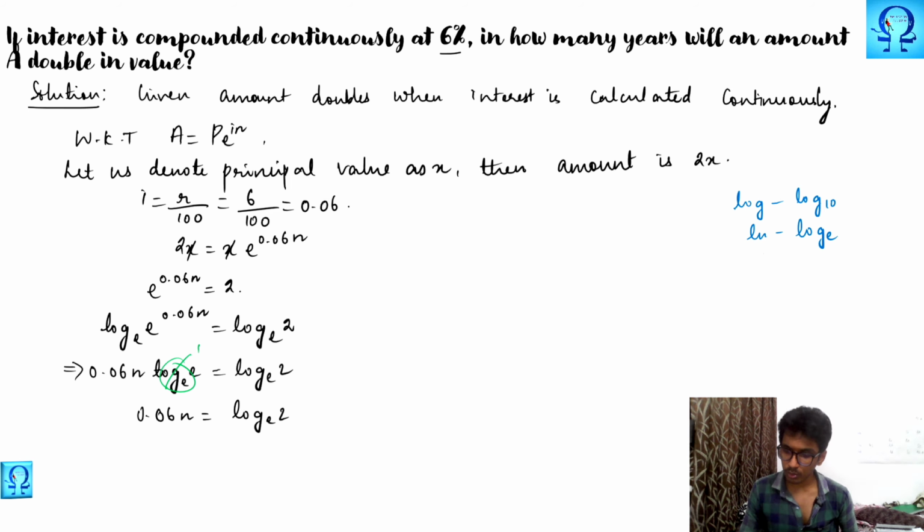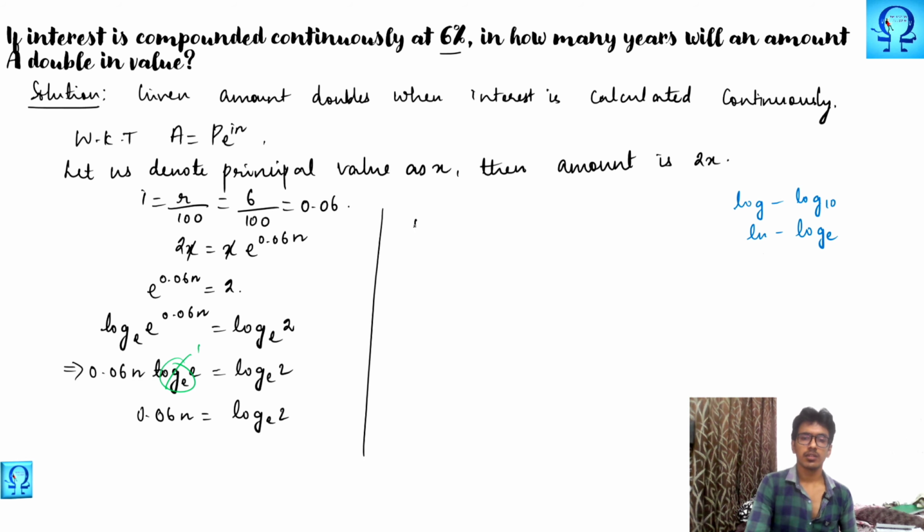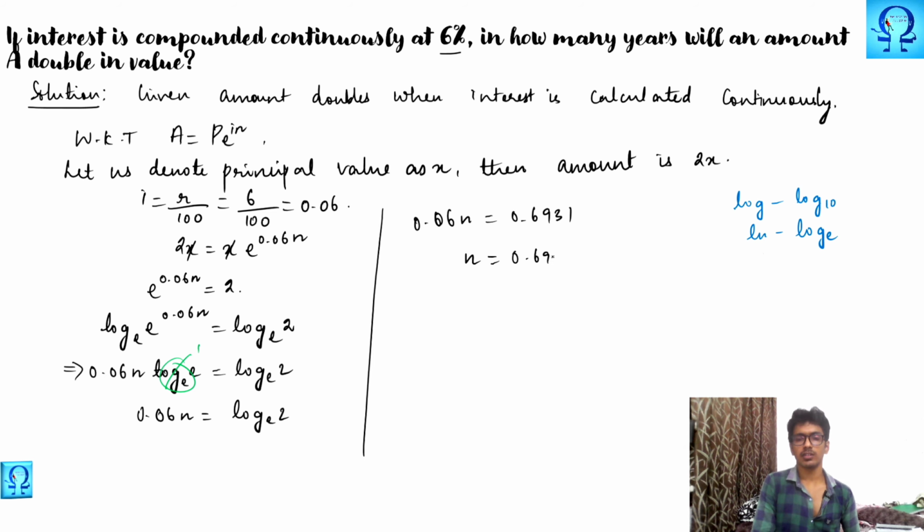My ln 2 is approximately 0.6931, so 0.06 n is 0.6931. Therefore n would be 0.6931 upon 0.06.